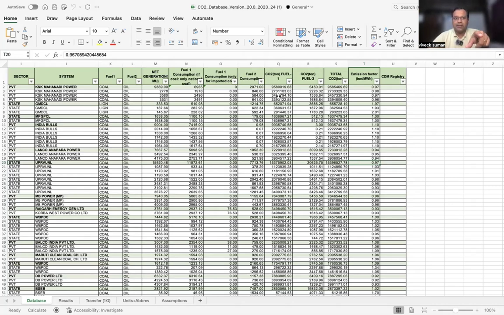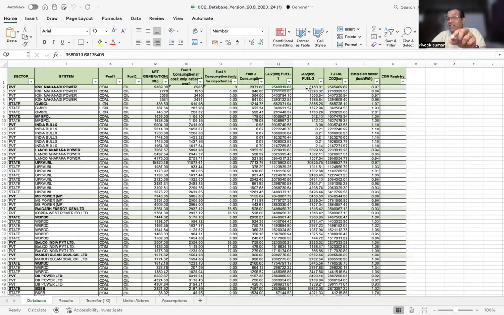Here is a very good example: Mahanadi power. You see, fuel 1 consumption is how much? Approximately, we are talking about 9 million, right? 9,580,000 tons of CO2 has been emitted there. Why? Because for the maximum amount of time they are using fuel 1. Fuel 2 is how much? 5,000.